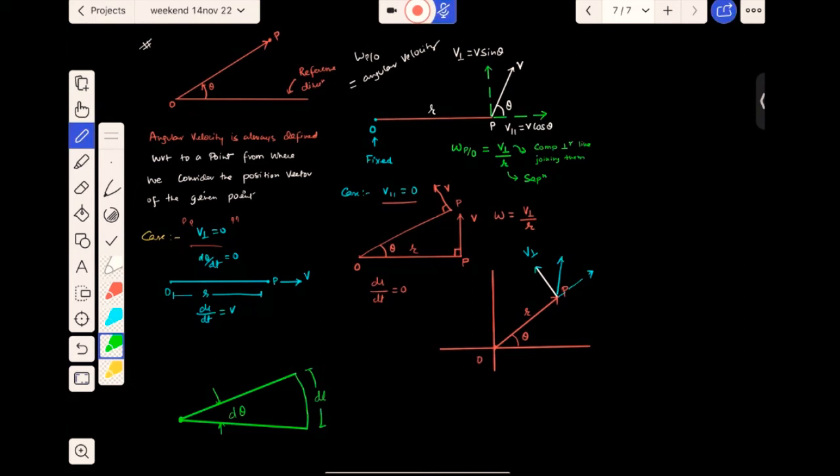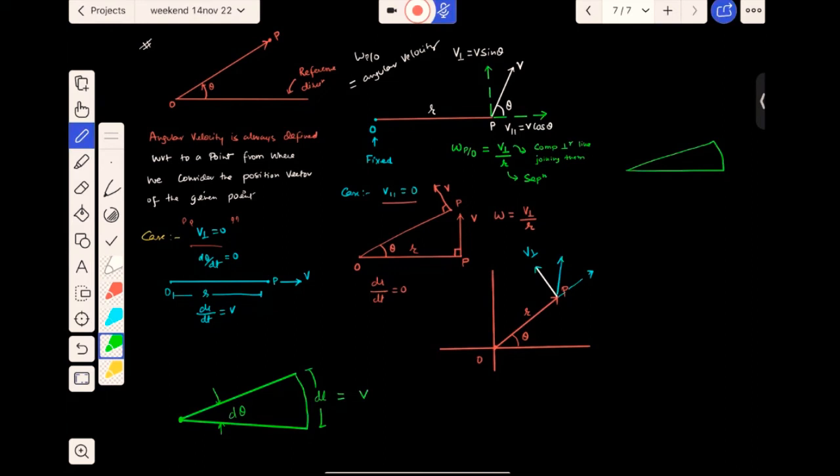So dl is the distance it is moving perpendicular to the line joining them. If I take a very small change in time, I can write dl as the speed with which it is moving along that curved path, the velocity along the tangent.